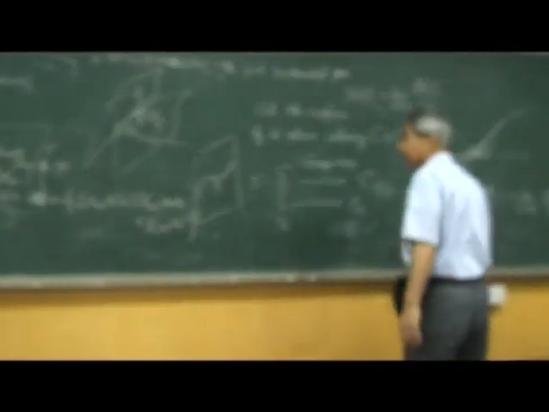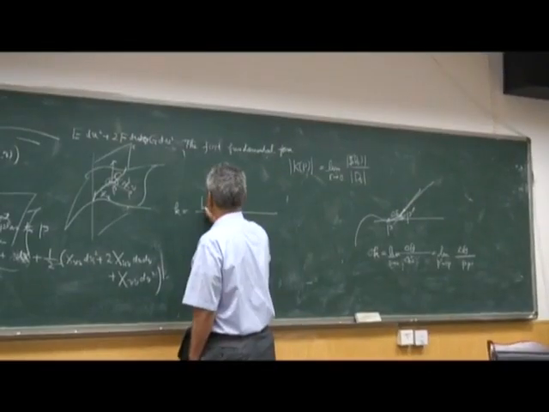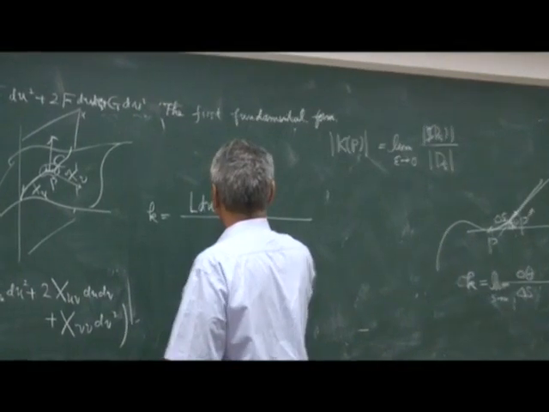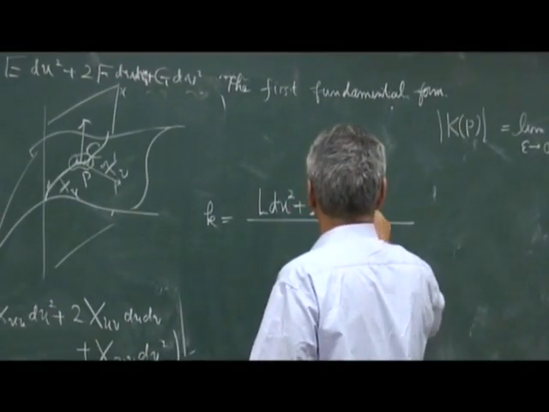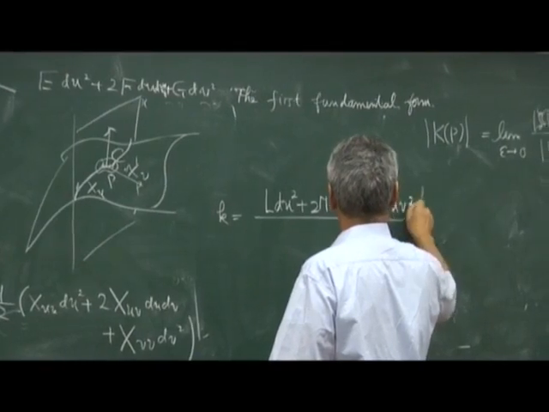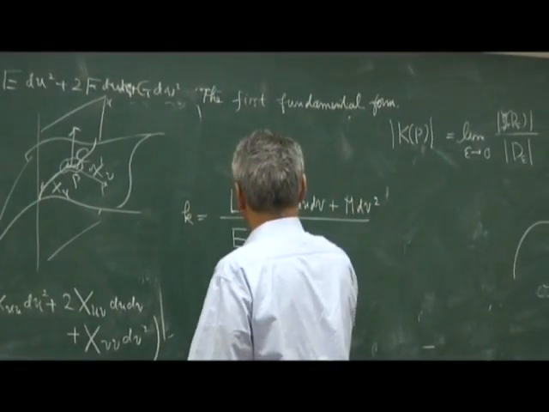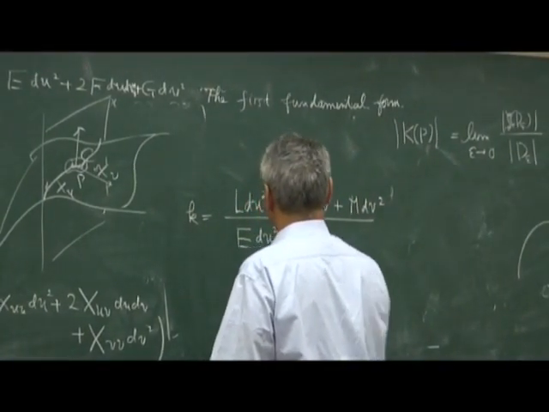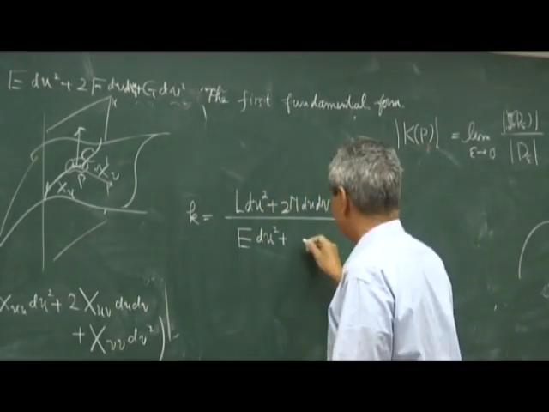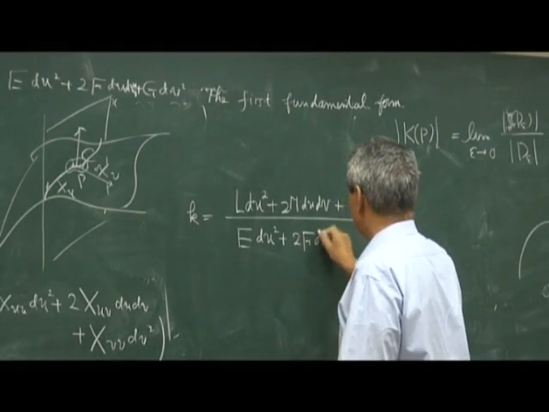What is C? It is just the ratio of the second fundamental form and first fundamental form.